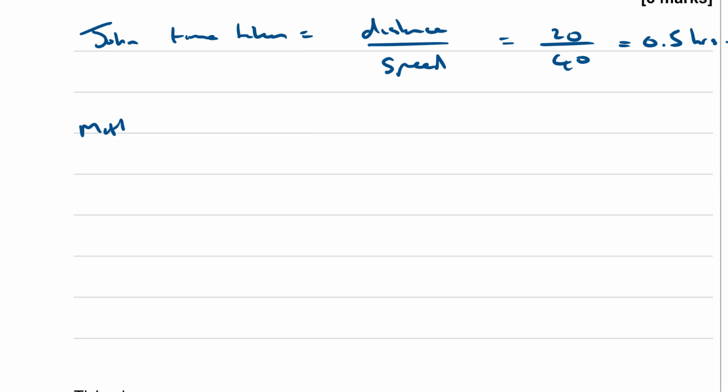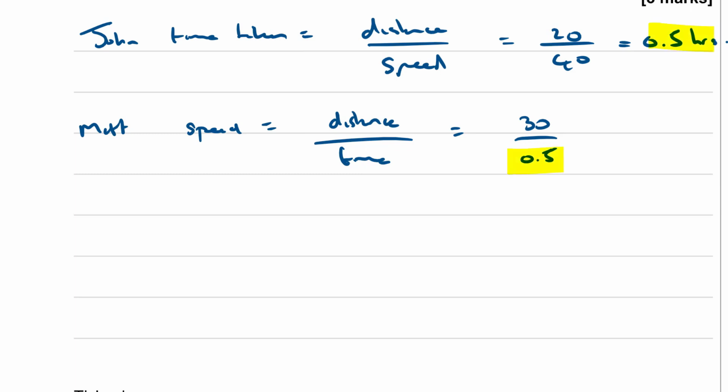So then Matt, speed is going to be distance divided by time. The distance was 30, and the time is going to be the same as John's, because they arrive at the same time, so it's going to be 0.5, which means he's got to be travelling at 60 miles per hour.